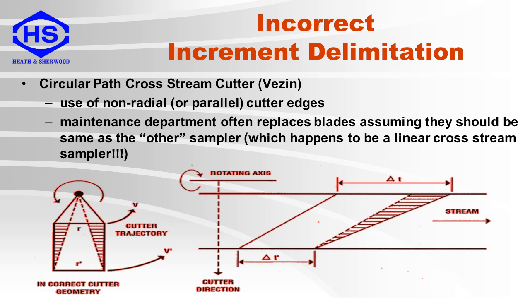This could be due to the use of non-radial cutter edges. Maintenance departments may replace blades, assuming they should be the same as other types of samplers, such as linear cross-stream samplers where the blades are parallel. Here you can see a section is added to the increments which should not be there.